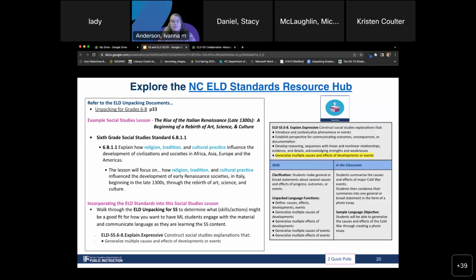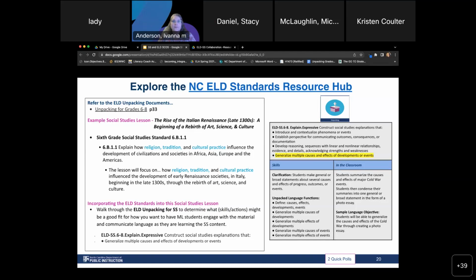And so we see here we've got construct social studies explanations, and of the several that were choices, the one this teacher has picked is generalize multiple causes and effects of developments or events. And of course, the development and event that we're going to be working with is going to be the beginning of the Italian Renaissance.